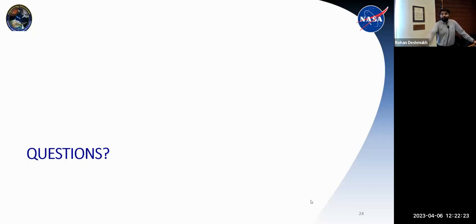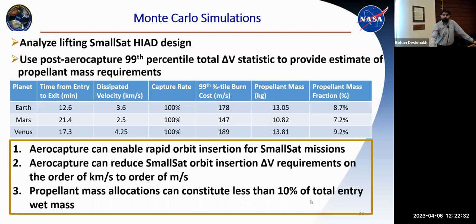Thanks. Ben? Hey, Ron, this is Ben Merrill. Could you go back to the chart with propellant mass fractions for the small sets? Yeah, I mean, obviously that's really exciting to see those kind of numbers. Do you guys have, either top of your mind or maybe in the paper you mentioned, a sense of what the real change between the systems required to do capture looks like? How to think about that comparison? Yeah, so we don't have a proper number to give to you, because one of the biggest areas that we want to look at in future work is to model how much fraction the thermal protection system takes.